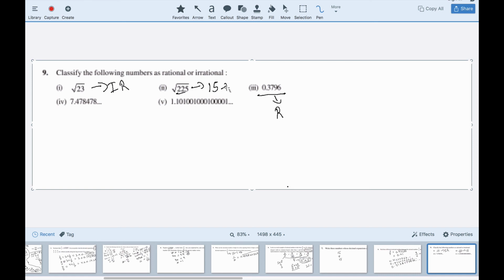And sorry, this is also rational because it's a whole number. All whole numbers are rational. Next, now this we can see is clearly in the form of 7.478 with a bar, so it's non-terminating and recurring, so it must be a rational number. This is not terminating, but it is also not repeating, so it is irrational.